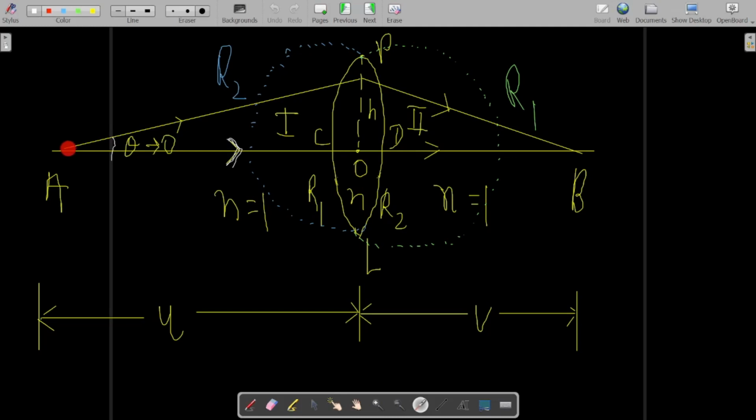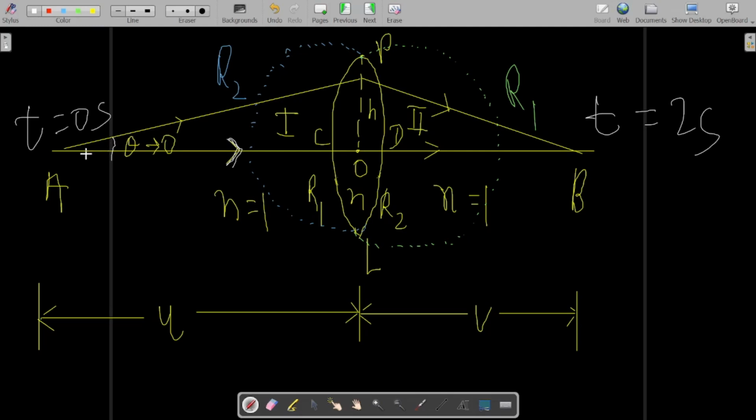Suppose a ray comes out from A at time t equal to 0, and it reaches the point B at time t equal to 2 seconds. While following the path APB, the light ray gets launched at 0 second, when the stopwatch timer was at 0.